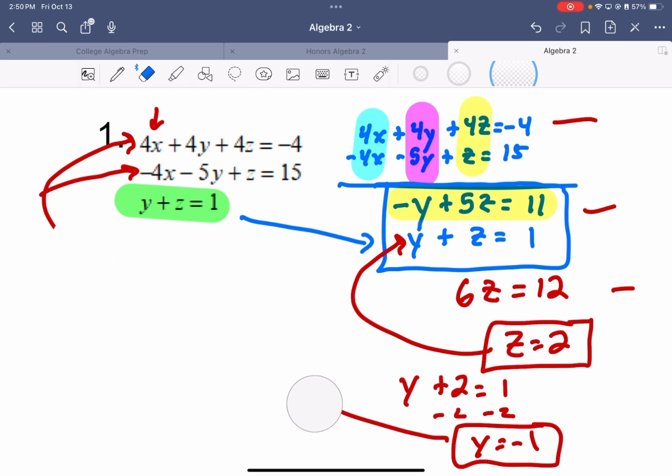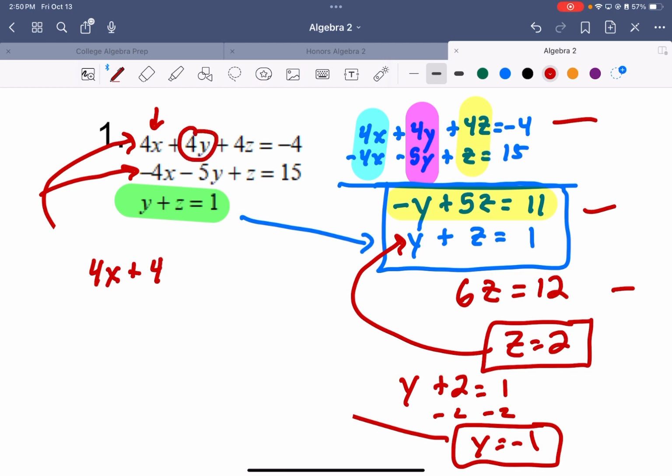And I'll write that down here. So that's 4x plus 4y. Well, my y is equal to negative 1. So I'm going to substitute my y with a negative 1. Plus 4z. I know my z value is 2. And that has to equal negative 4.